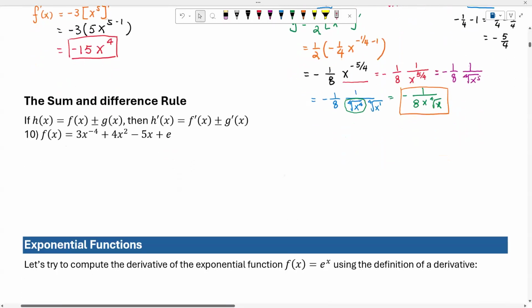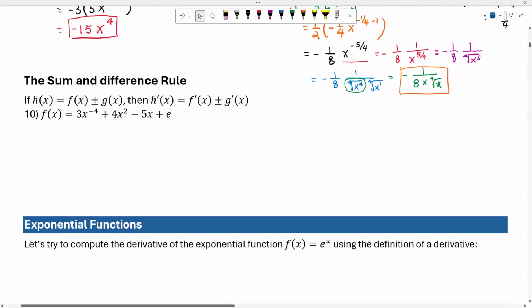And now let's see how we actually work with the sum and the difference rule. If h of x is equal to the sum or the difference of f of x plus g of x or f of x minus g of x, then when we take the derivative of h, basically it means that we will take the derivative of f of x plus or minus the derivative of g.